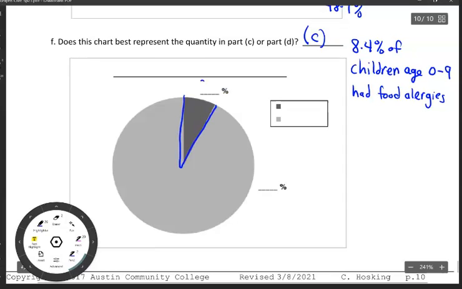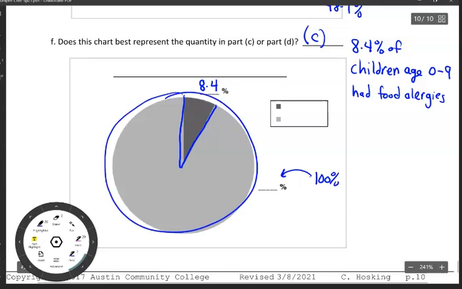That seems like it could represent 8.4%. That seems reasonable. So I can find that other percent there. I know the whole pie has to add up to 100%. So if I subtract out that little shaded piece there, 100 minus 8.4 is going to give us 91.6%. So I'm going to label this one 91.6%.